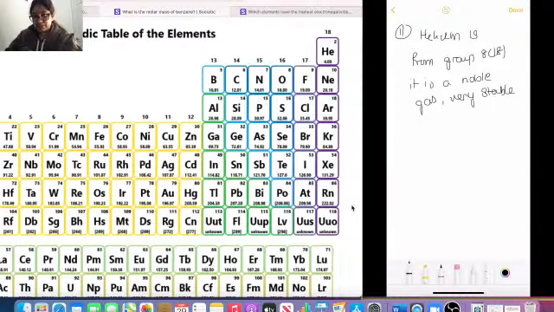Okay, and you can see on the top right corner here, it has the number of electrons basically, or it's also the number of protons, and so you can say that helium has 2 valence electrons.